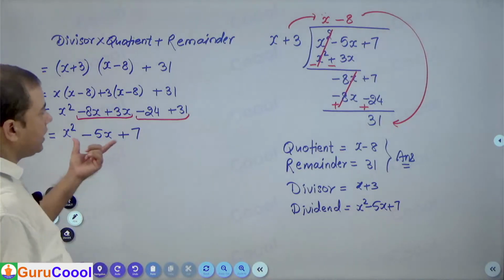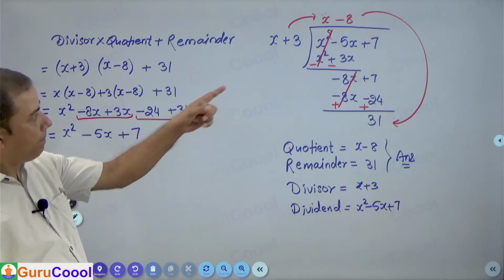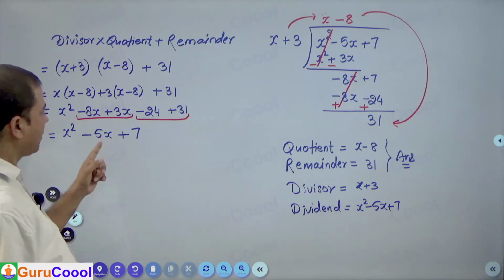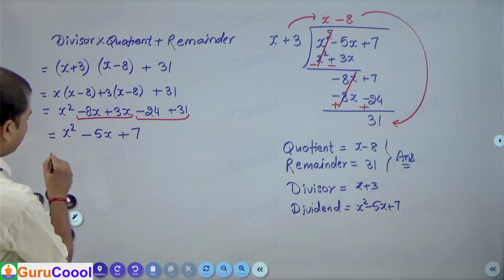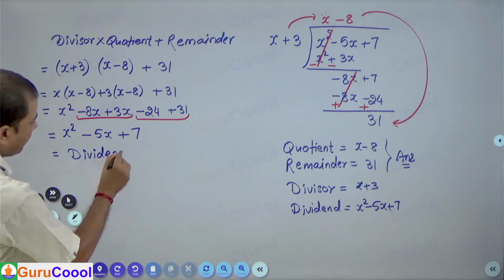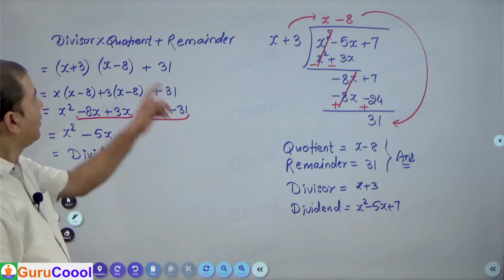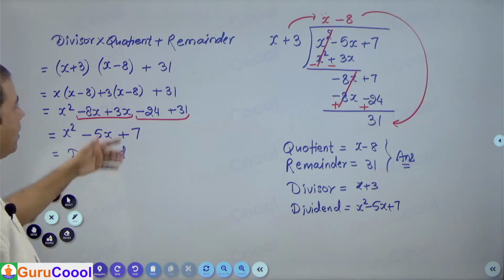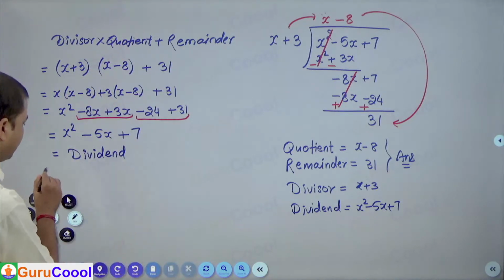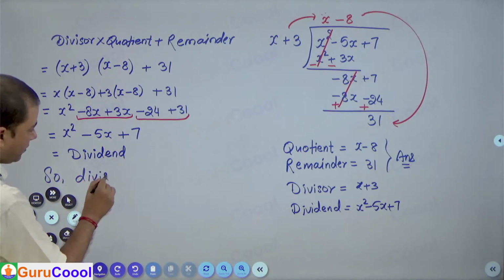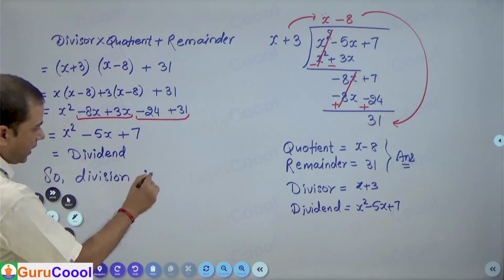Now see what we get here. That is the dividend, isn't it? Yes, sir. We get dividend. That means the division is correct. Divisor into quotient plus remainder gives you dividend. That means division is correct.